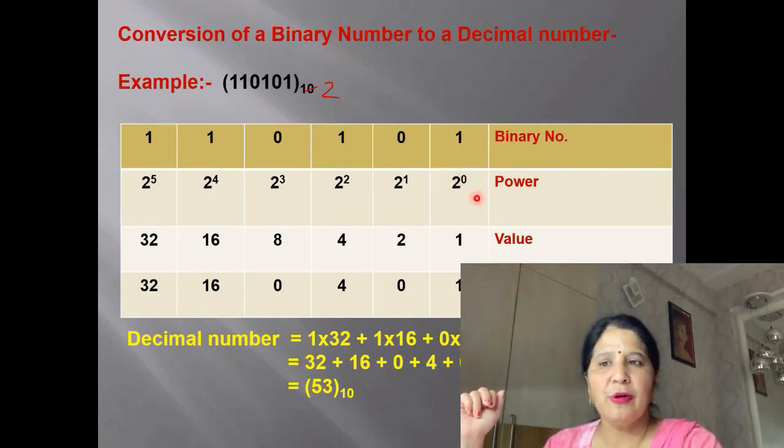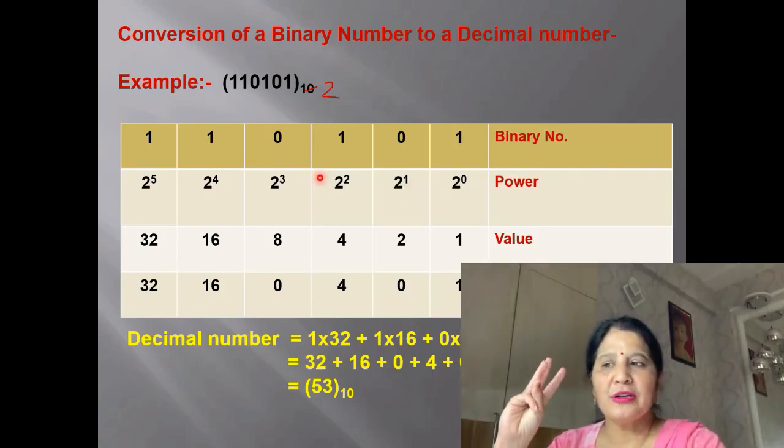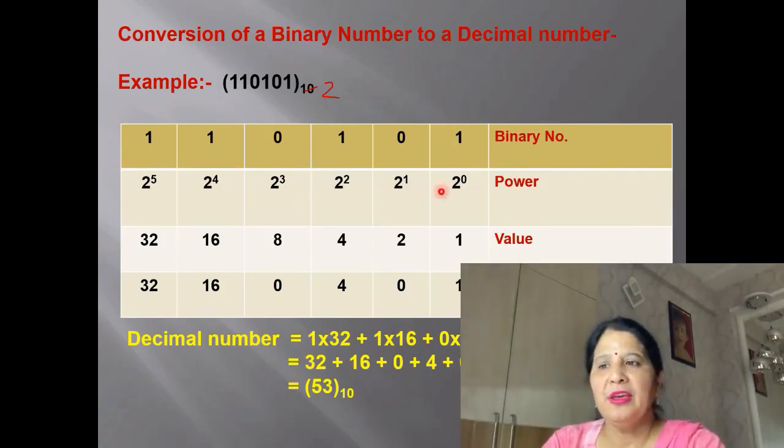Now we will start from the power. Power we will start with 2 power 0, then 2 power 1, 2 power 2, 2 power 3, 2 power 4, till 4 it will come. If one more number were here, then we would write 2 power 5. But here this is the power, so we will write this is a power.